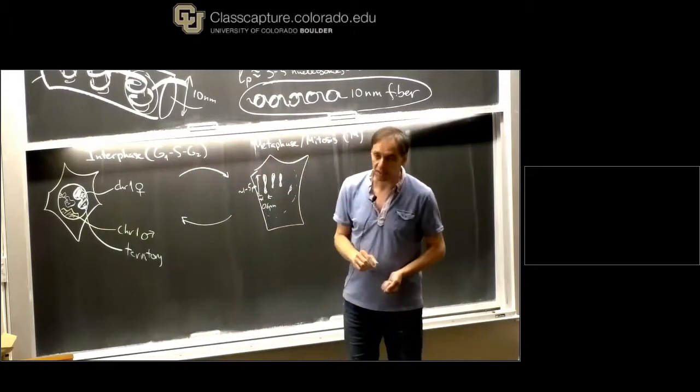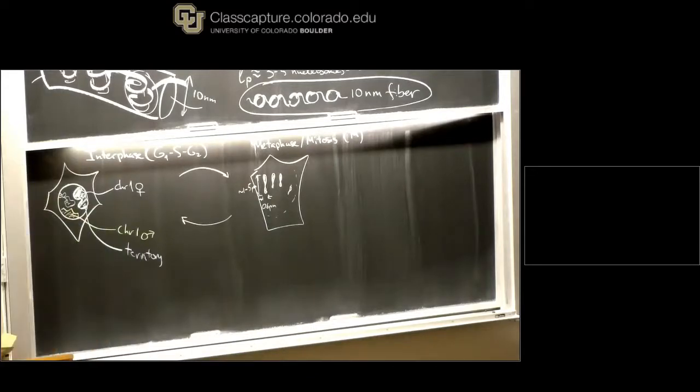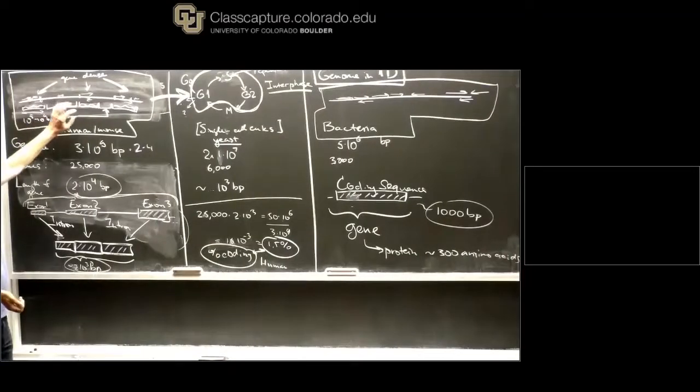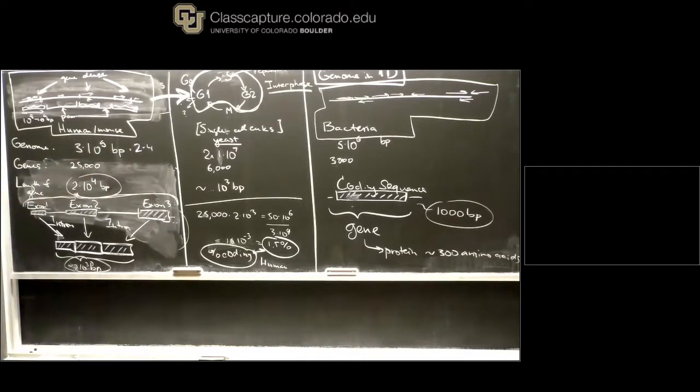So they're segregated. Now we can go back to the very beginning of the lecture. Remember how the 1D genome is organized. It has gene-poor regions, then gene-rich regions, then gene-poor regions, and so on.